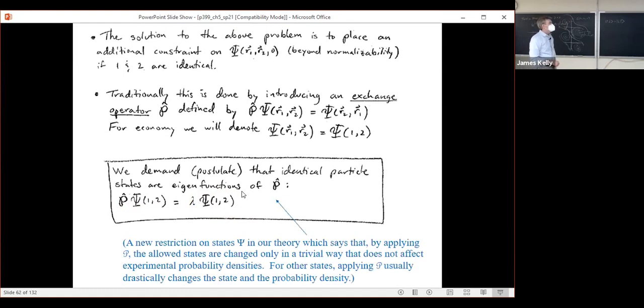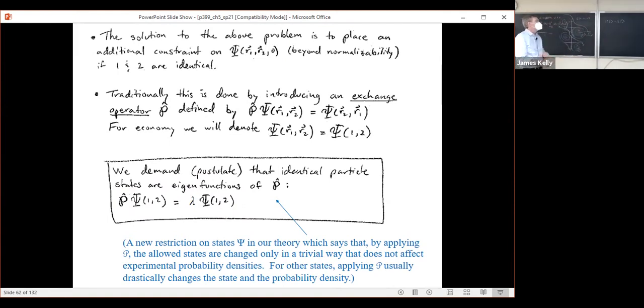And when you get a multiple of the same state back, that says when you apply the exchange operator, something really trivial happens to it, right? Because if you get a multiple of the same state back, that means the probability density is going to be unchanged. If you just take a state and multiply it by 2, well, that just changes the normalization, and then you renormalize it, and you get the same exact thing back again.